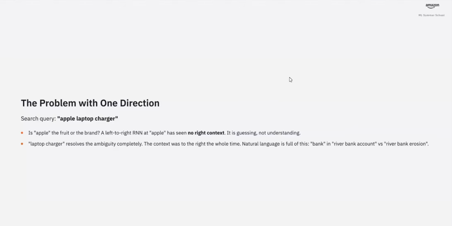You need both sides to resolve it, and a model reading only left to right is structurally unable to do this. So for any task where you need to label or classify each position in a sequence, named entity recognition, part of speech tagging, query understanding, slot filling, a forward-only RNN is always going to be half blind, and you need context from both directions to do the job properly.